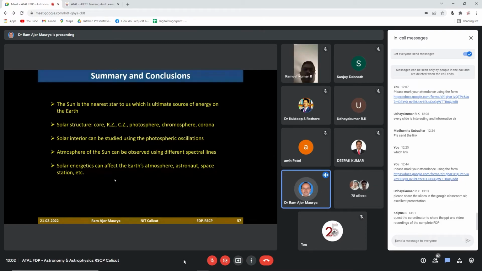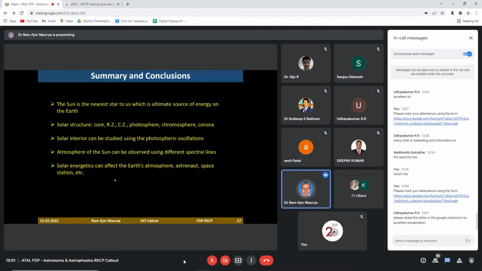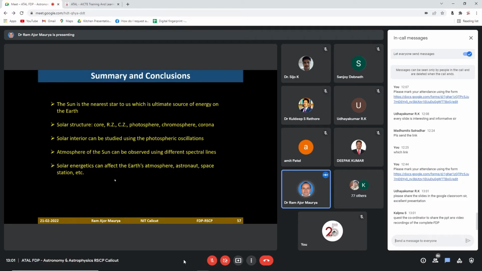So some of these spectral lines are from the Earth atmosphere, and others from the solar atmosphere, and one can use these spectral lines to study the metallicity, the ions available in the solar atmosphere.